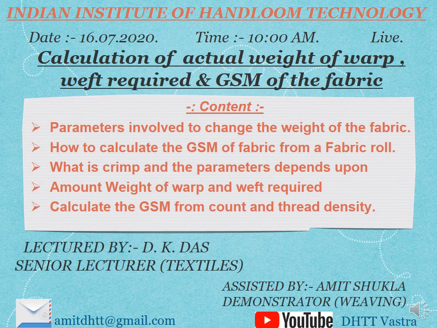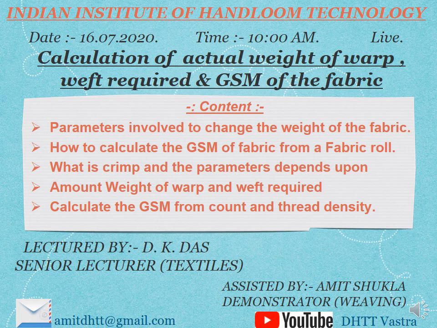This video is dedicated to the sixth semester DSTT students because, on priority in the industries, a different calculation of GSM and actual weight of warp is used to find out the cost of the fabric.